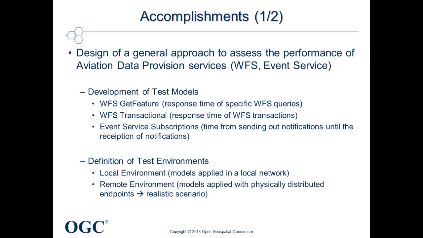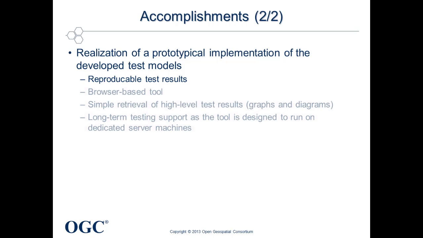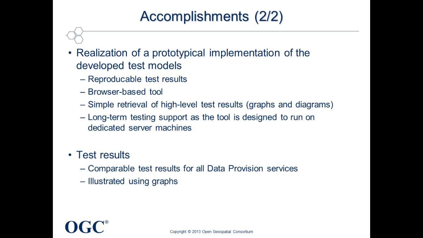Two different test environments have been designed to allow better assessment of the test results. Based on the developed test models, a prototypical implementation has been accomplished. This allowed the reproducibility of test results as well as the provision of high-level results such as graphs. Test results have been created which are comparable across all service vendors.